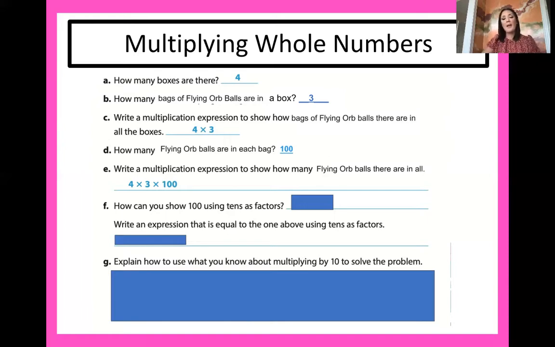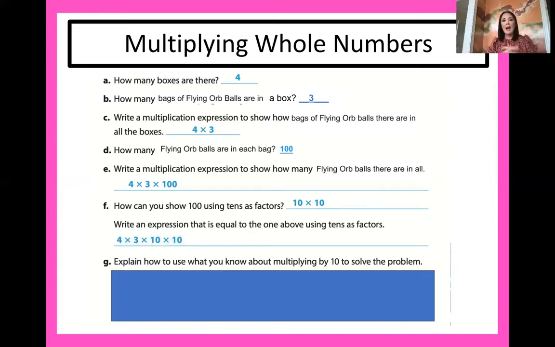All right. So that's right. 10 multiplied by 10, because we know 10 multiplied by 10 is, yes, 100. So write an expression that is equal to the one above, using tens as factors. Yes. 4 multiplied by 3 multiplied by 10 multiplied by 10.